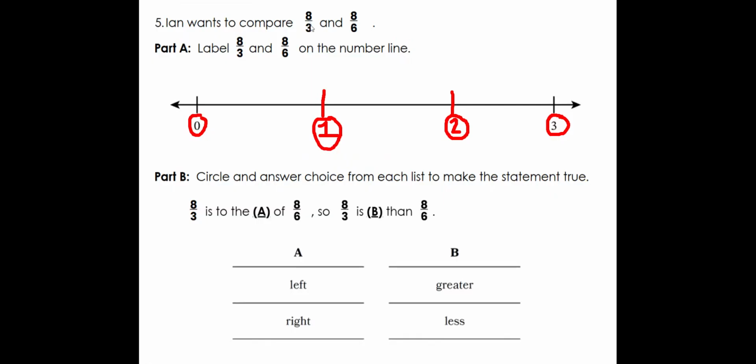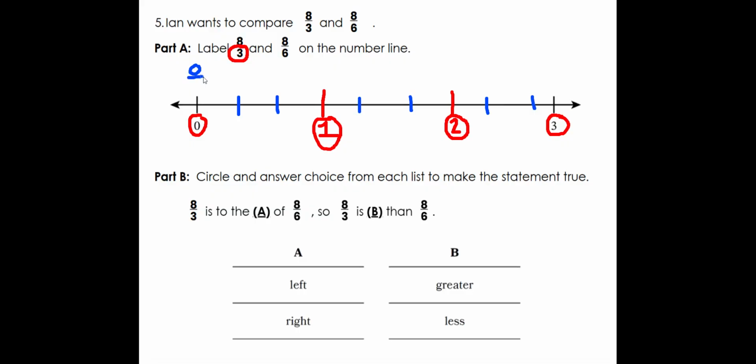Now, I'm going to take my first fraction here. It looks like it cut those into thirds. So I'm going to start with thirds, okay? So you can see it a little better, I'm just going to change the color. So thirds. So I need to break this up into thirds, this up into thirds, and this up into thirds, okay? So I have my thirds here. And now I'm going to count to 8/3, right?